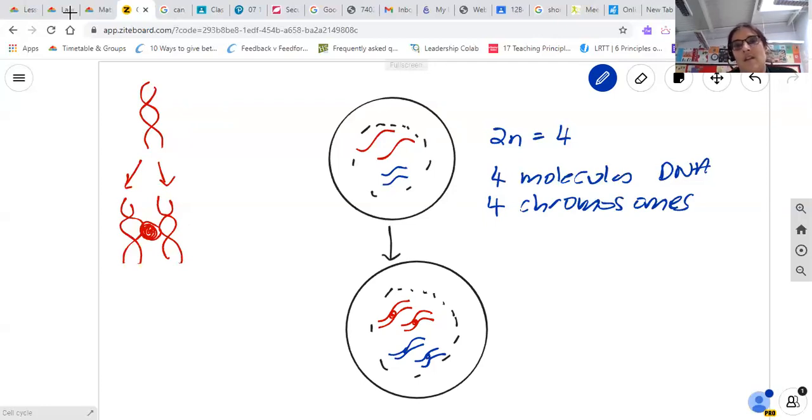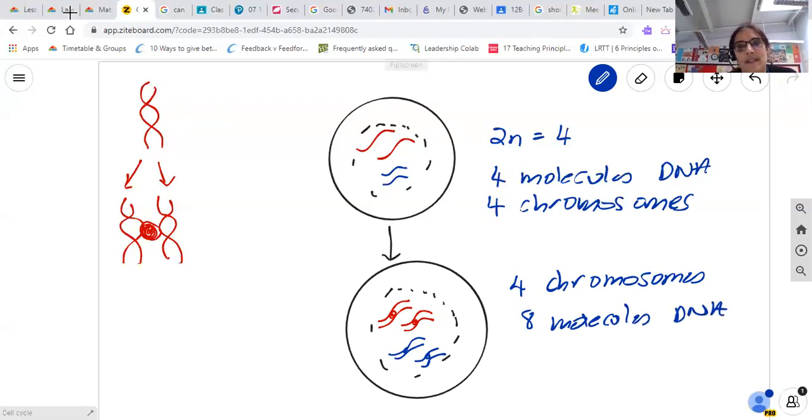We still say that they have 4 chromosomes in them, but now they actually have 8 molecules of DNA. And the job of mitosis will be basically to separate these molecules of DNA so that one goes to each pole. So this whole thing is still called a chromosome, and that's really important.